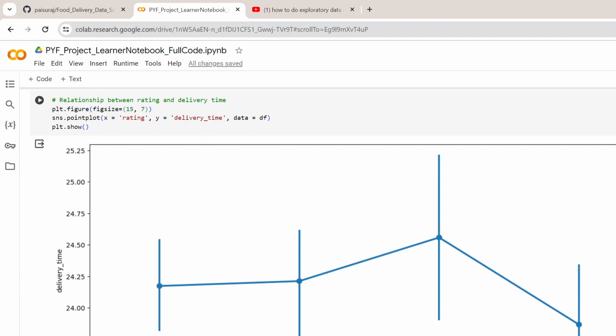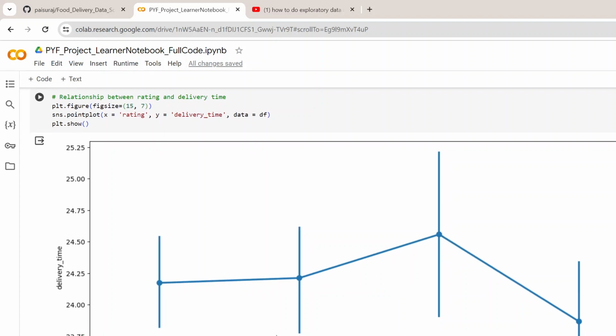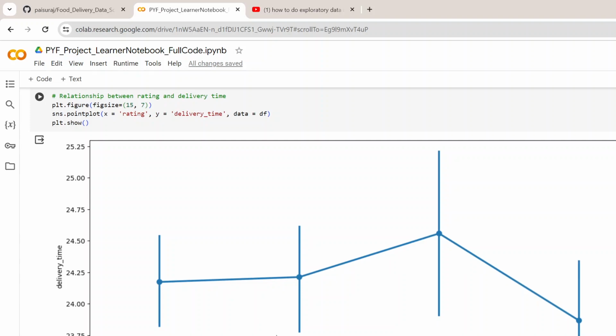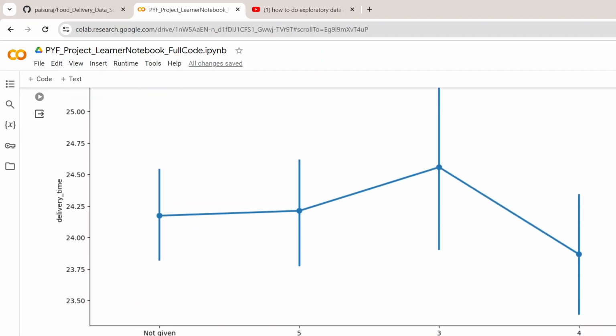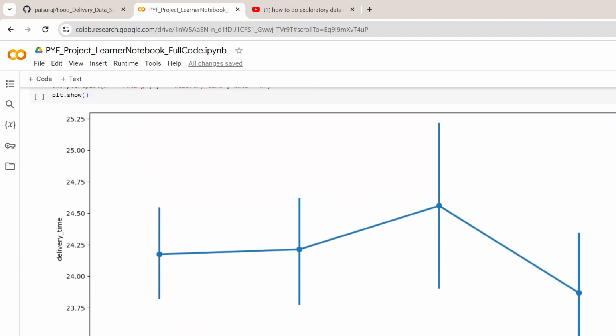Going forward, let's see. So ratings, delivery time. Yeah, so this one was interesting. I had observed that the lowest rating, which is a 3, has a very wide delivery time confidence interval.